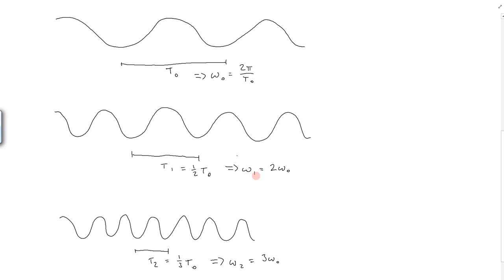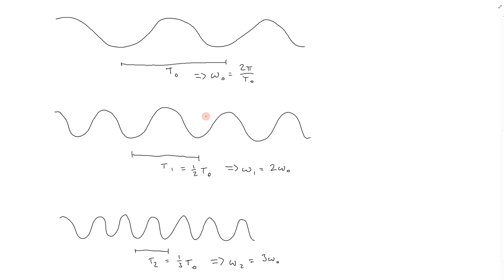Now you can see that each one of these is at an integer multiple of this first fundamental frequency, which was the frequency of oscillation of the entire more complicated signal that we're trying to represent as a summation of these sinusoids. This is because if the frequencies of the components were not at integer multiples of the fundamental frequency, then the entire composite signal would not have the same periodicity as our original signal that we're trying to recreate.